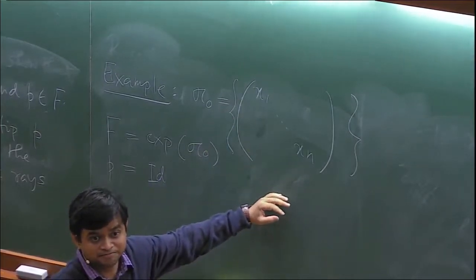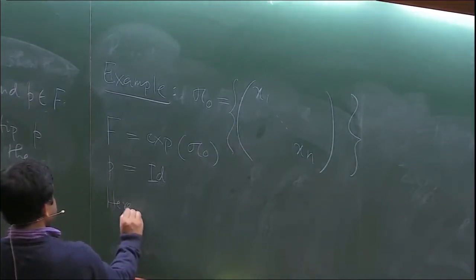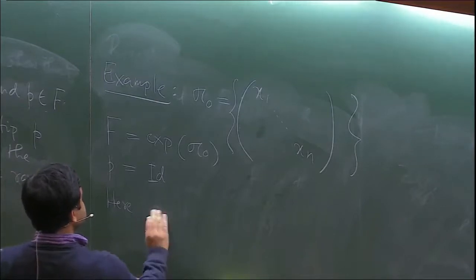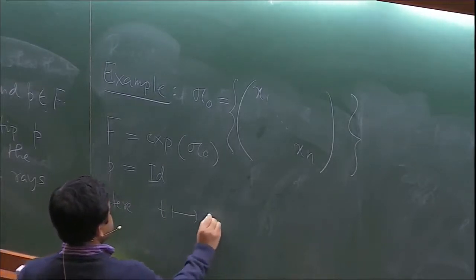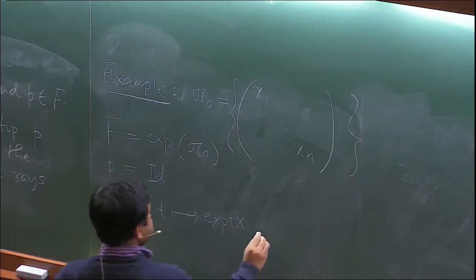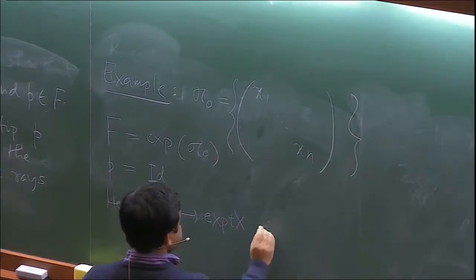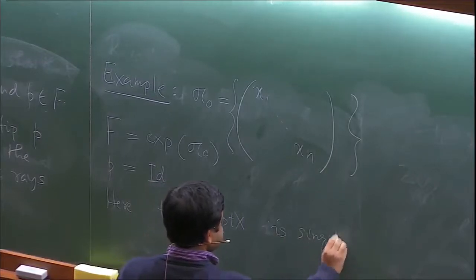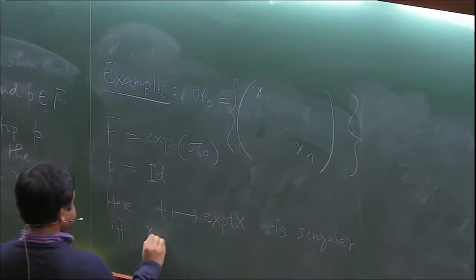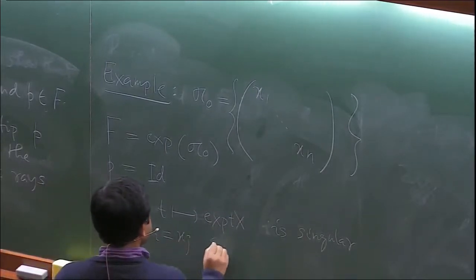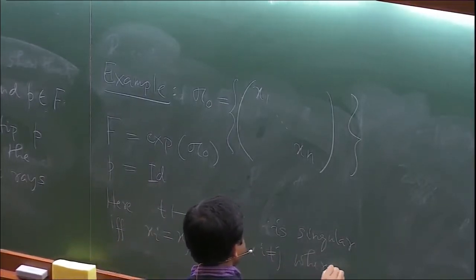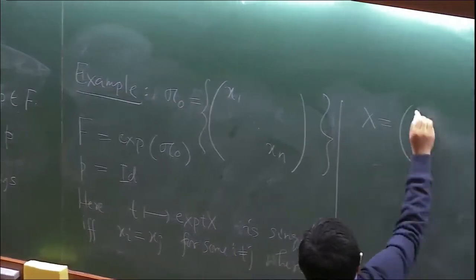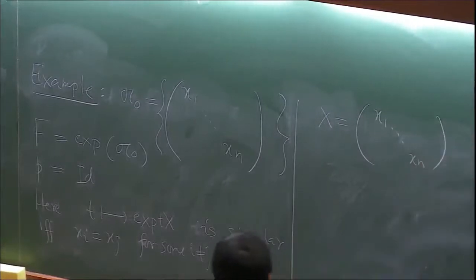So a geodesic t going to exponential tx, where x is of this form, is singular if and only if xi equals xj for some i not equal to j, where I am assuming that x is the matrix x1, x2, ..., xn. So these are my singular geodesics.